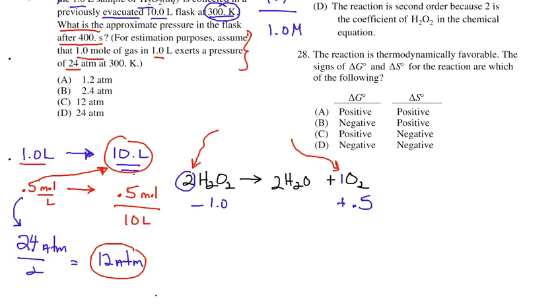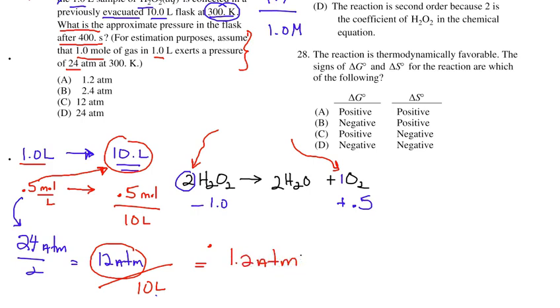Divide by 10, or the molarity. So this is really a 0.05 molar. But the bottom line is I've got 12 atmospheres of pressure that would exist in 1 liter. If I make it 10 liters and I divide by 10 because the space is bigger, you can see that my pressure now would be 1.2 atmospheres.